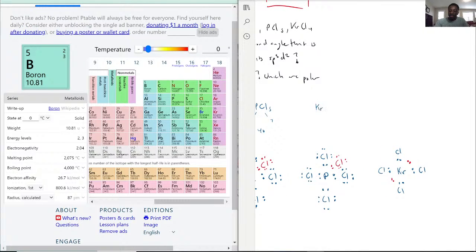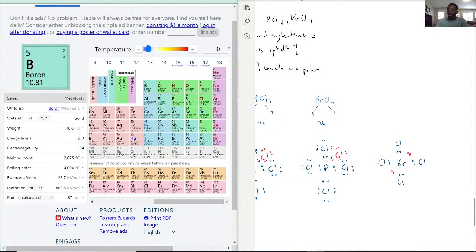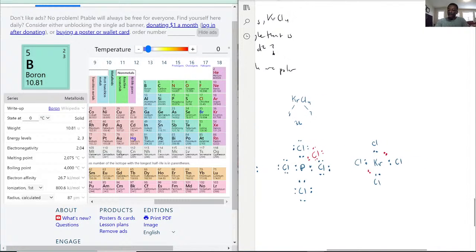KrCl4, it's 8 being donated because it's on the 18th column. Chlorine is still 7 times 4, so 7 times 4 plus 8. We have 36 we need to account for. So with that being said, each chlorine has 1 of its 7 electrons being shared. So now it's 2, 3, 4, 5, 6, 7.